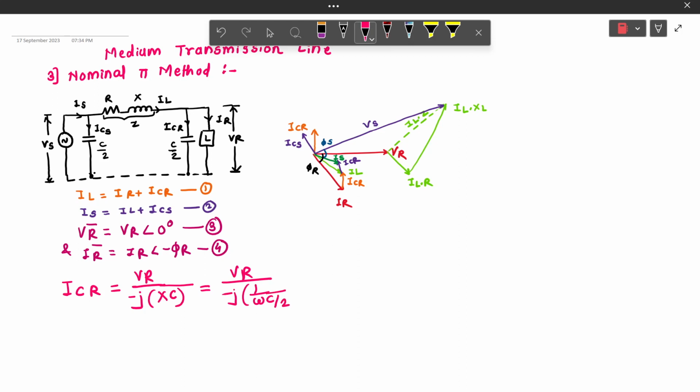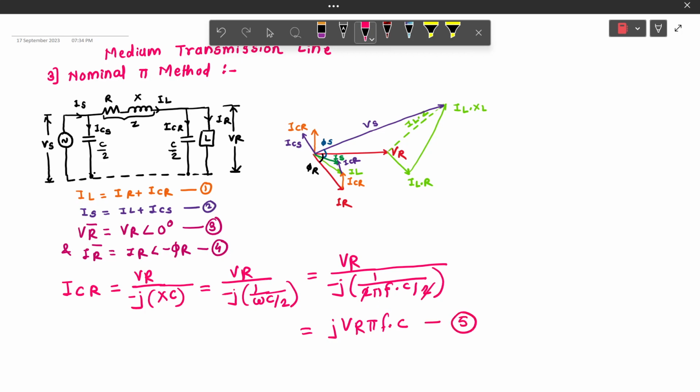So c by 2. It becomes equal to VR upon minus j into 1 upon 2 pi f into c by 2. 2 gets cancelled. Hence it becomes VR, j pi f c. Equation number 5.